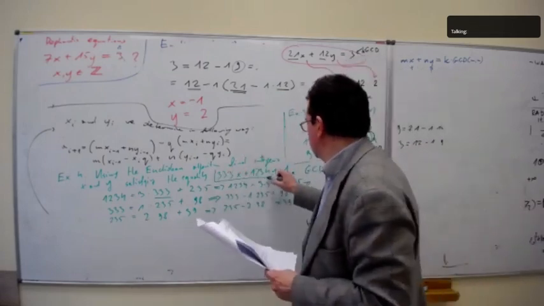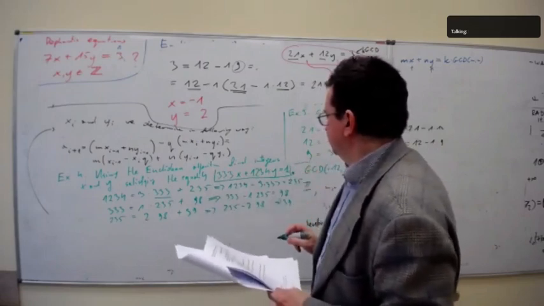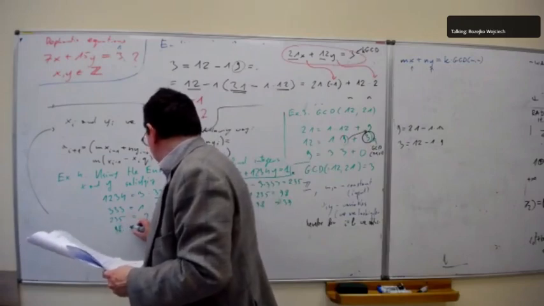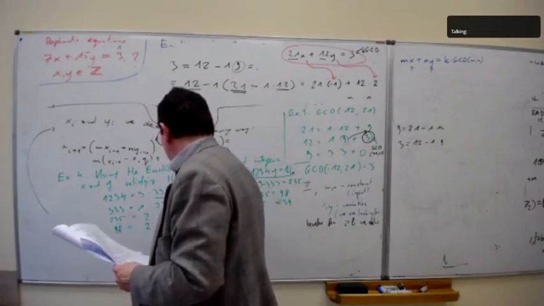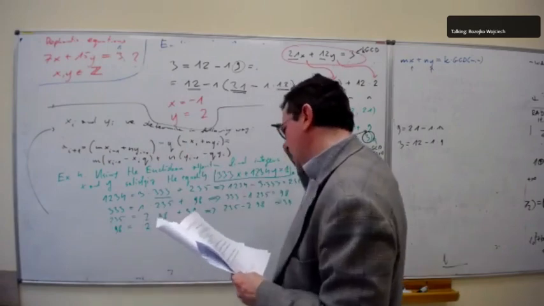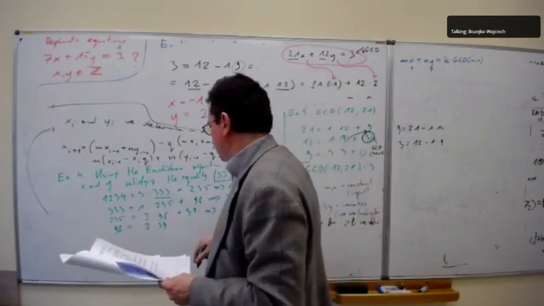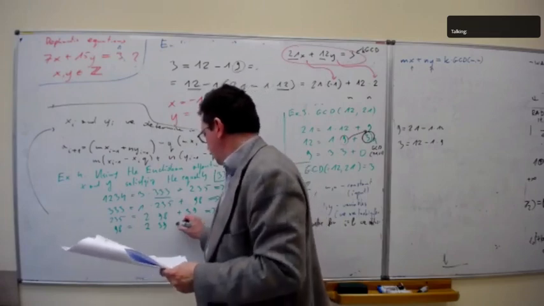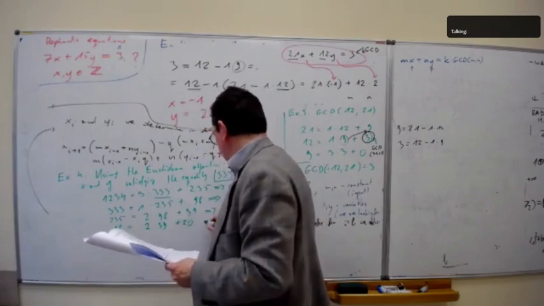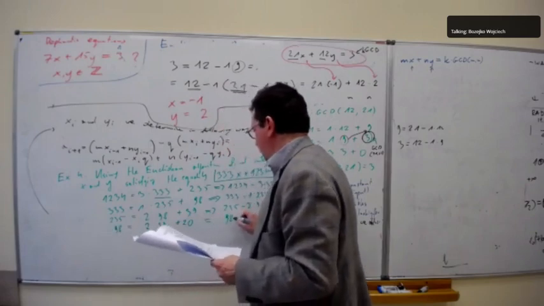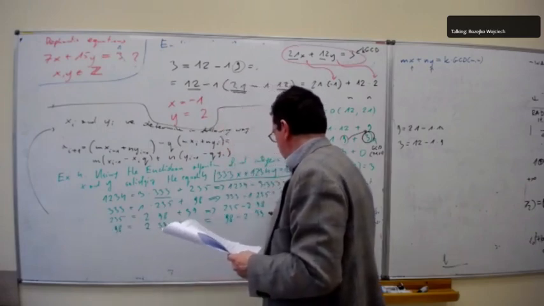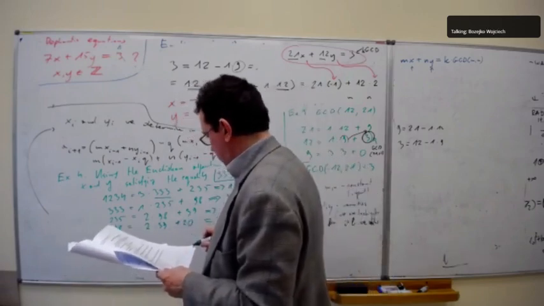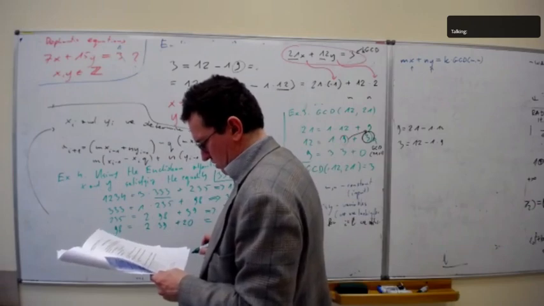This is our goal. 98 can be written as 2 times 39 plus 20. Yeah, and here 98 minus 2 times 39 is 20. And we have one step only now. One step, maybe 2 steps.